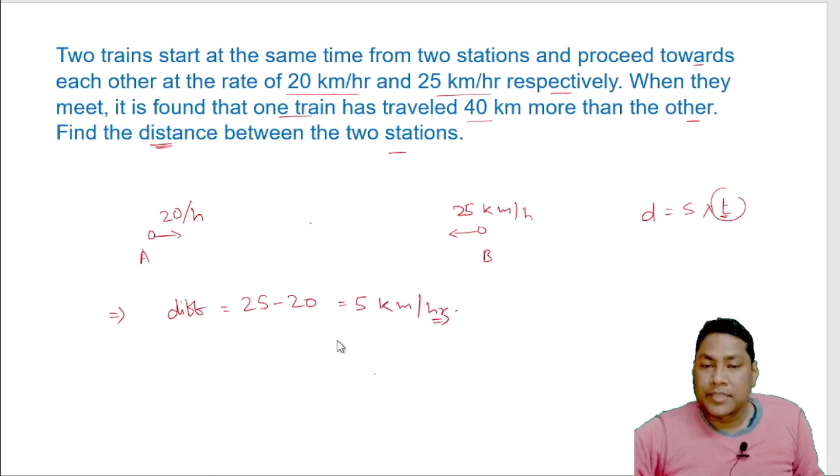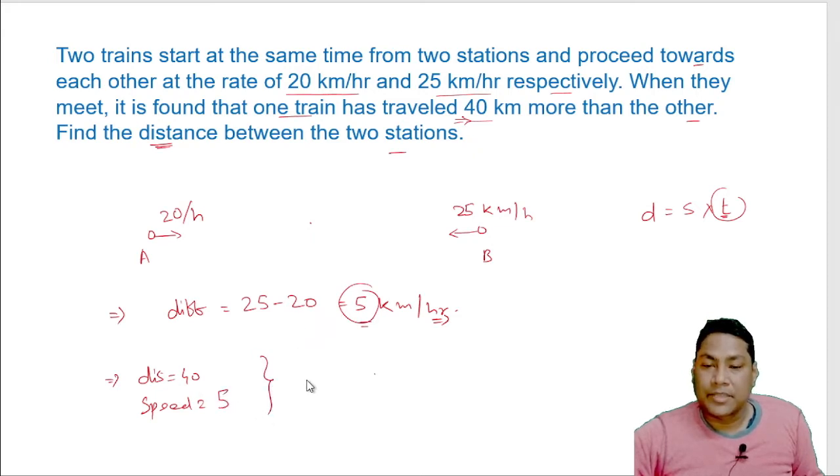So friends, the difference for 1 hour is 5 kilometers and one train has traveled 40 kilometers more, meaning here the distance is 40 kilometers and the speed we have calculated is 5 kilometers.